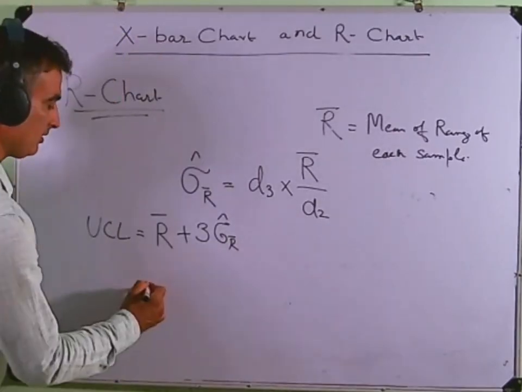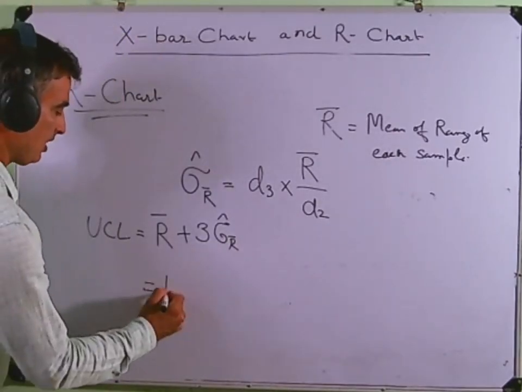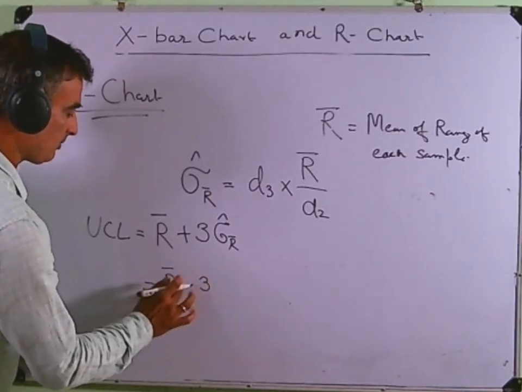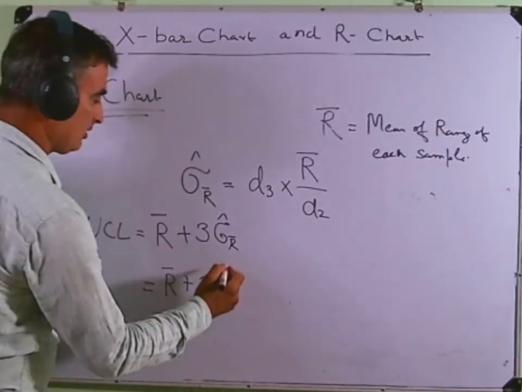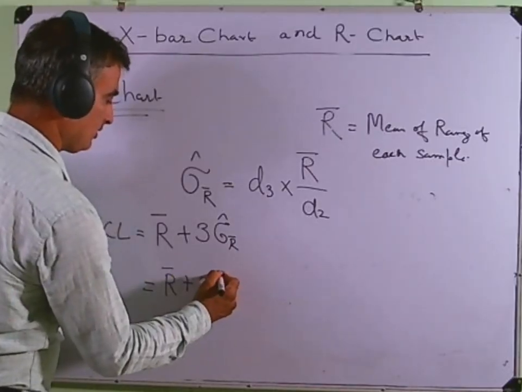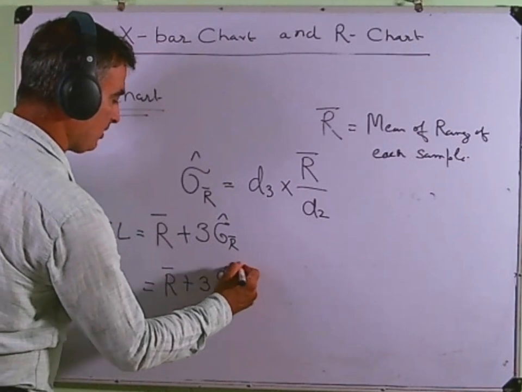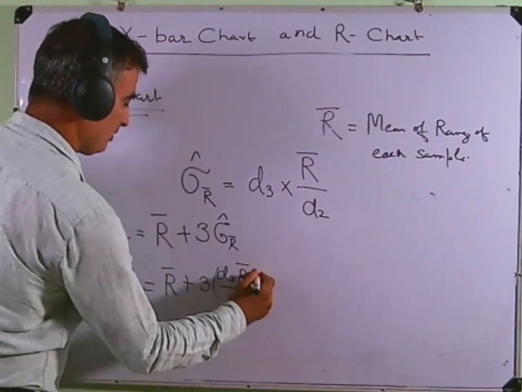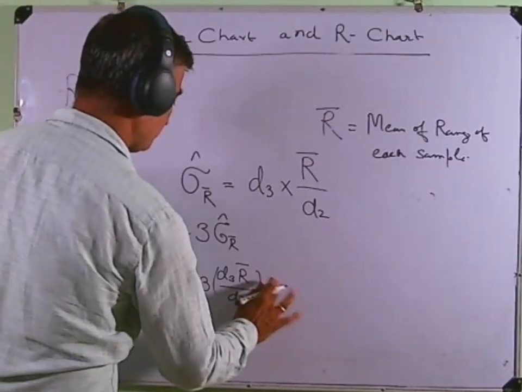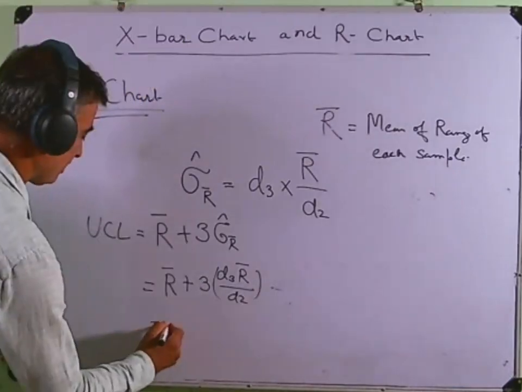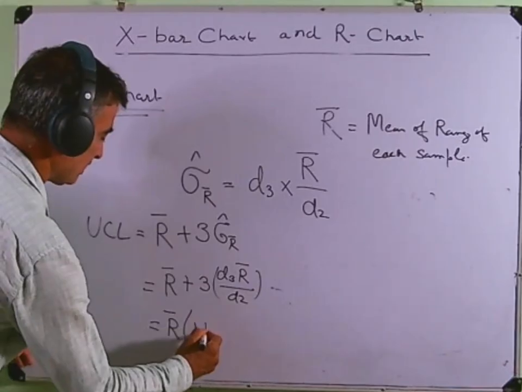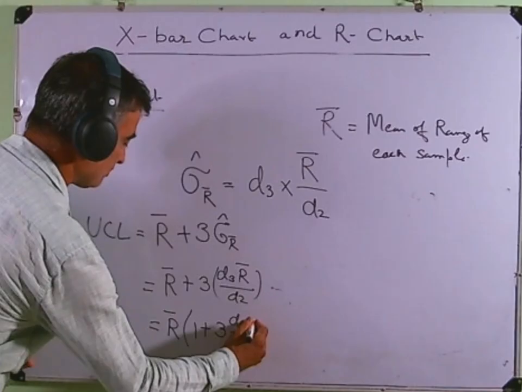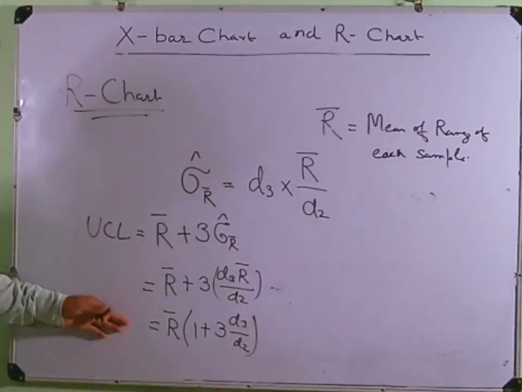Or you can write it as R bar plus 3 D3 R bar by D2. When we take R bar common, it becomes R bar times 1 plus 3 D3 divided by D2. So this is the formula to find out the UCL.